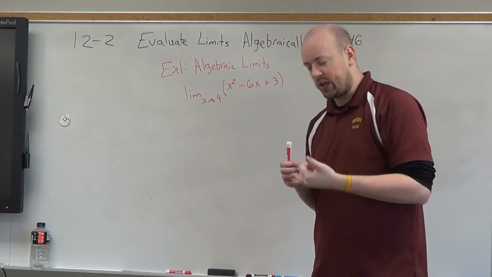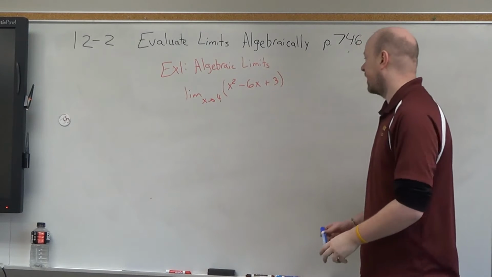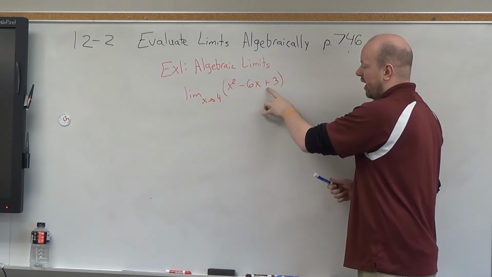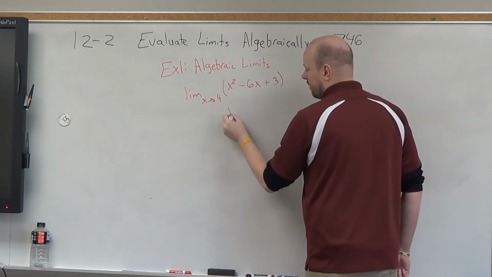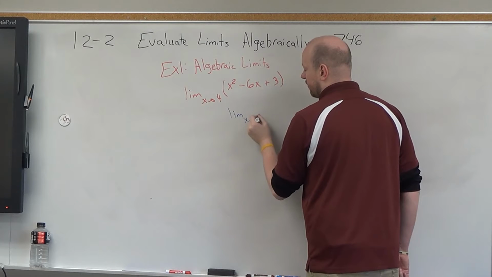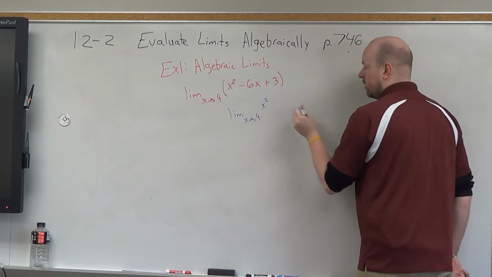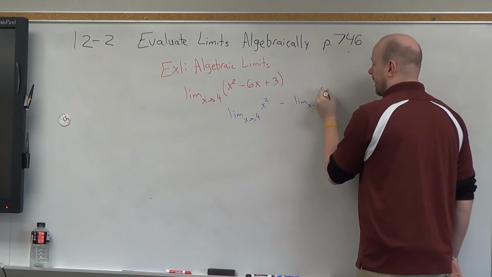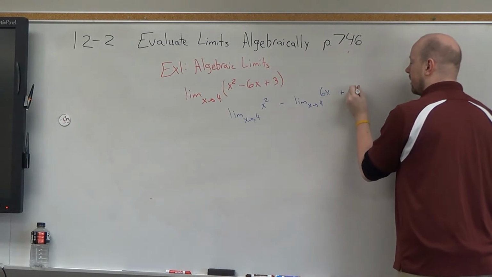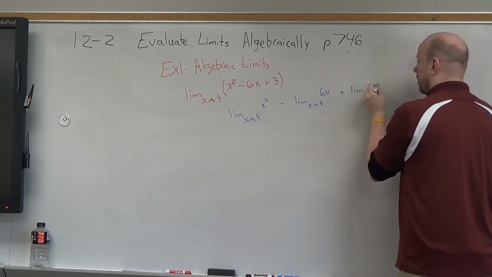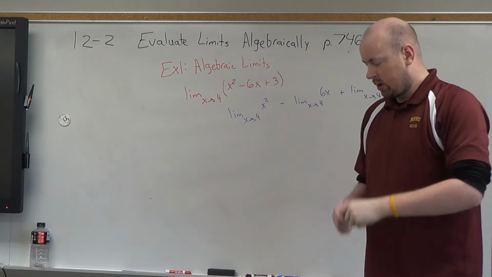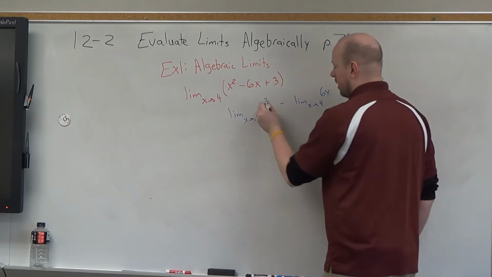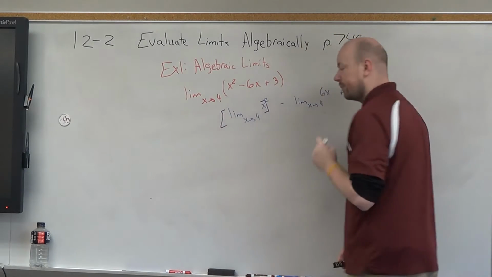And using those rules, well, first I can use the sum and difference rules, which says that I have subtraction signs so I can break them apart, I have addition signs so I can break them apart, so I get the limit as x approaches 4 of x squared minus the limit as x approaches 4 of 6x plus the limit as x approaches 4 of 3. Now here, power rule, so I would do the limit part first.